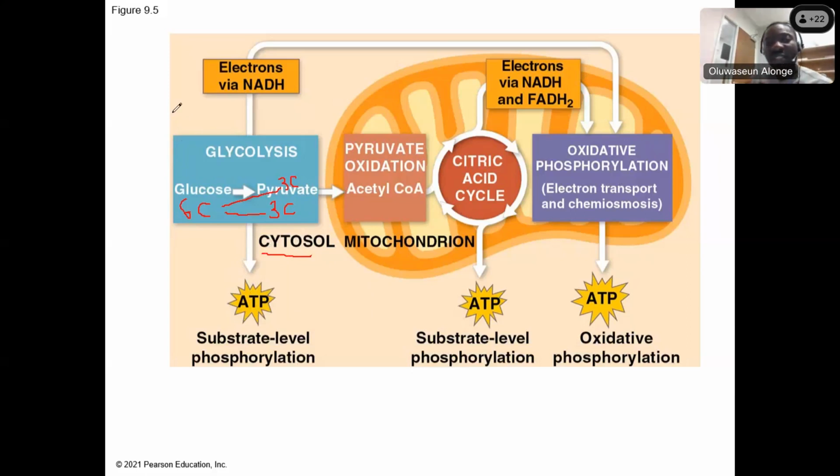In this stage, 2 ATP will be invested. Invested meaning that 2 ATP will be spent. In the long run, 4 ATP will be made. Now think about it. If you spend $2 to make $4, what is your profit?